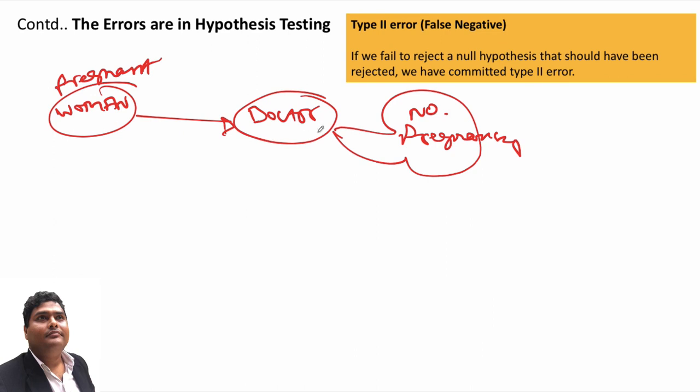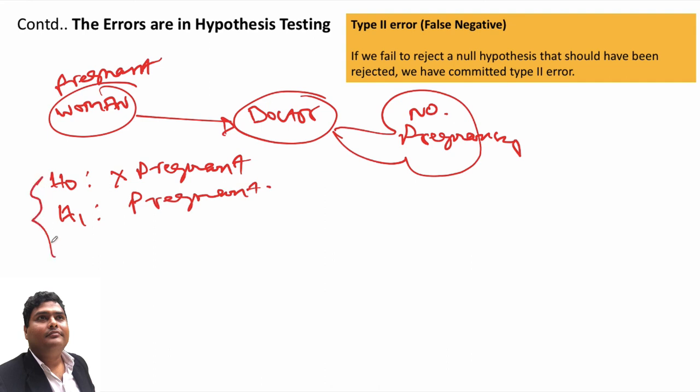Now you know the doctor is not telling the truth, right? In that case this is wrong, as you know that the woman who is very close to you is pregnant. So the null hypothesis is, as simple as it is, that she is not pregnant, and the alternate hypothesis remains the same, that she is pregnant. Clear? In that case, if you fail to reject the null hypothesis based on the doctor's advice, then you are making a type 2 error, right?